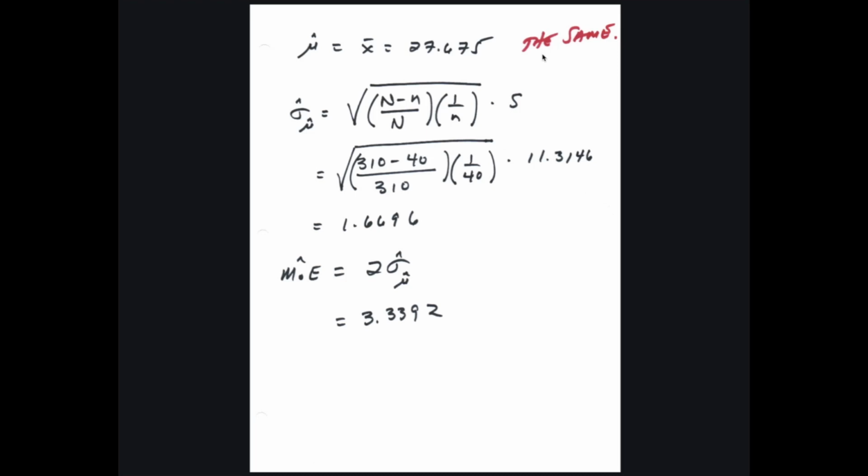Now let's look at the estimated standard error of that quantity. Using the formula from simple random sampling, the estimated standard error would be 1.6696. Multiply that by 2, and we get the approximate 95% margin of error associated with mu hat being 3.3392.